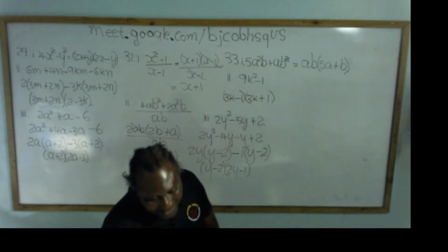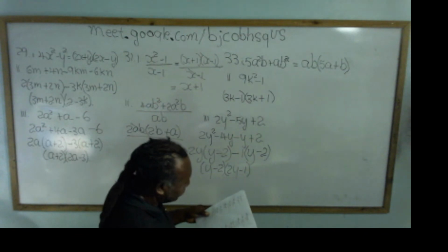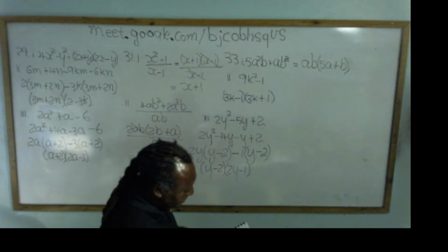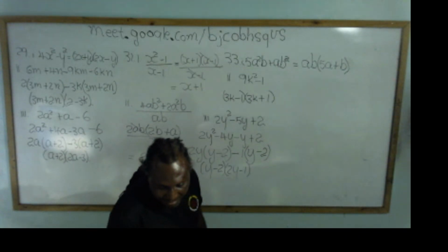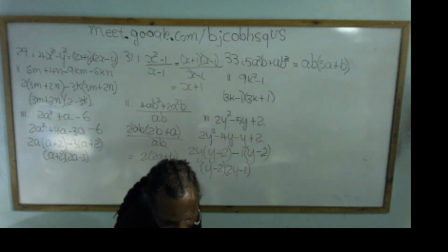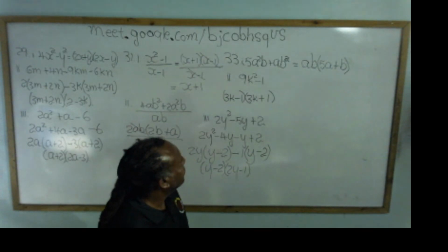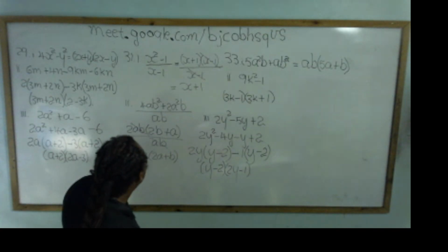Number 31, Roman 2, let's take a look at it. 2b plus a.